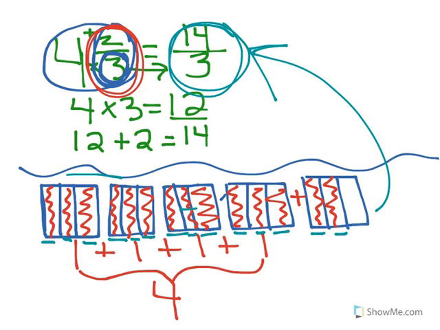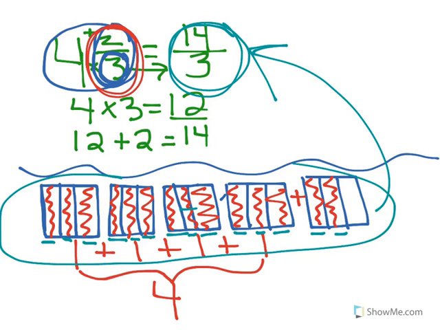So this is a way you can see visually. Oh, and I forgot to put over 3 on this fraction, this is representing 2/3. This is how you can see visually why 4 2/3 is the same as 14/3.